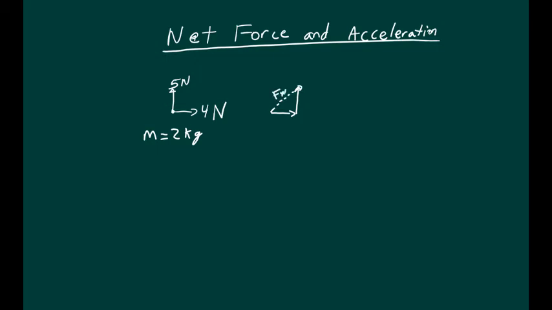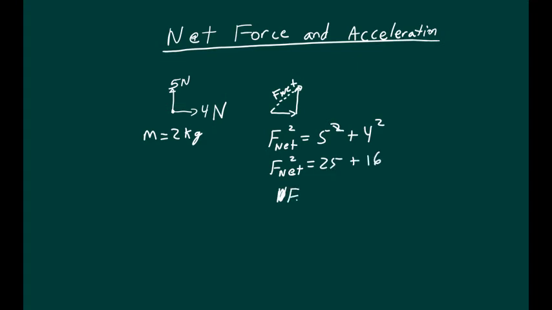That would be the net force. Okay, so that will just be using Pythagorean theorem. 5 squared plus 4 squared. All right, oh, we got to remember that's the hypotenuse squared, of course. So 25 plus 16.